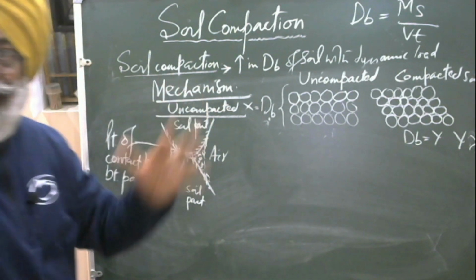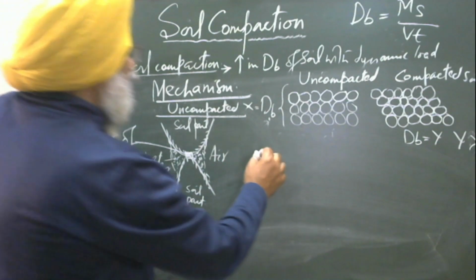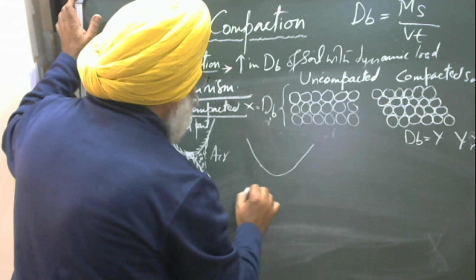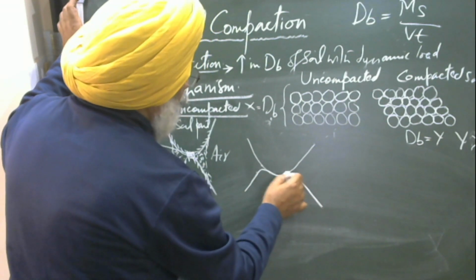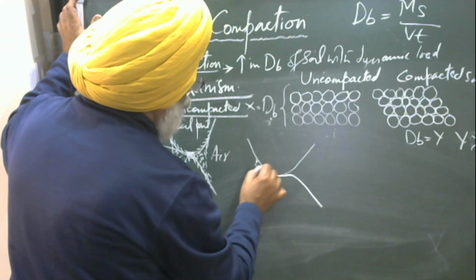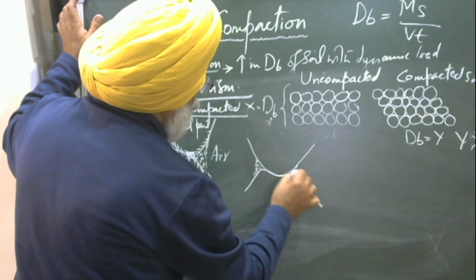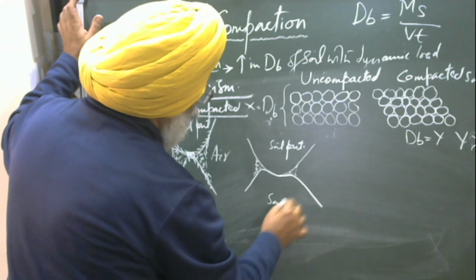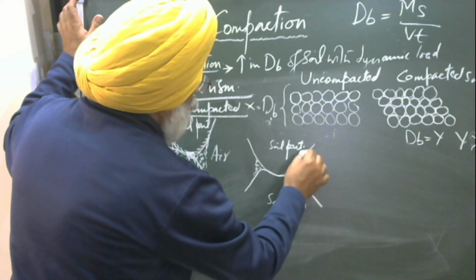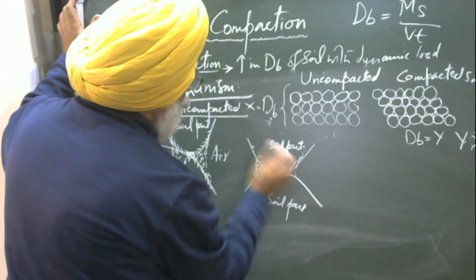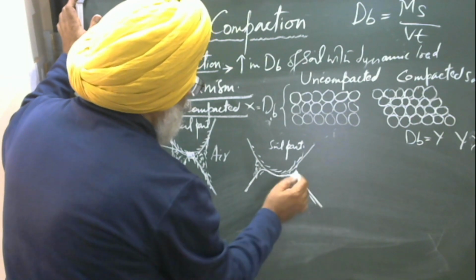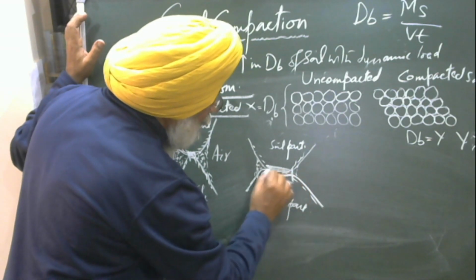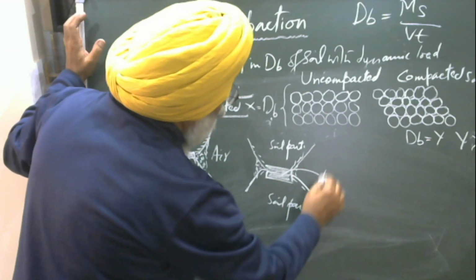Now when we apply some force, when we compact the soil, the situation will become like this. Here this is a soil particle, again this is a soil particle. Now the point of contact has increased.